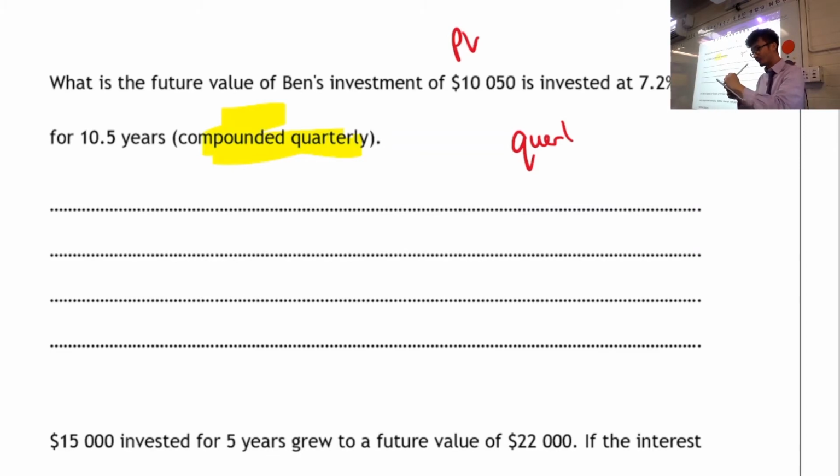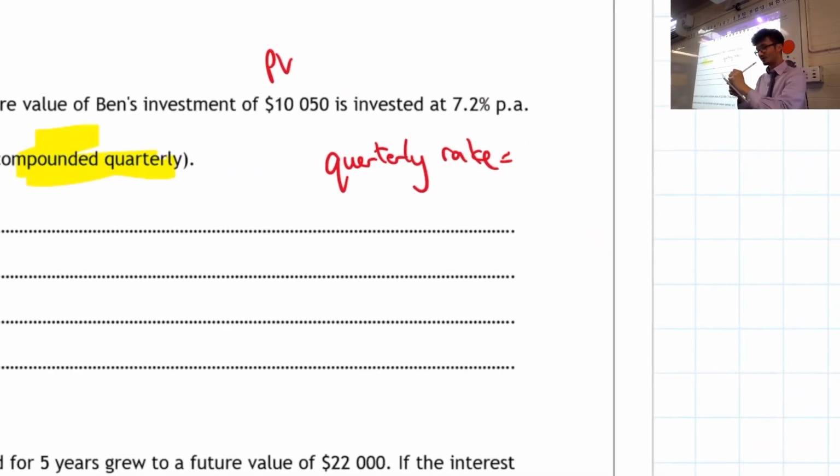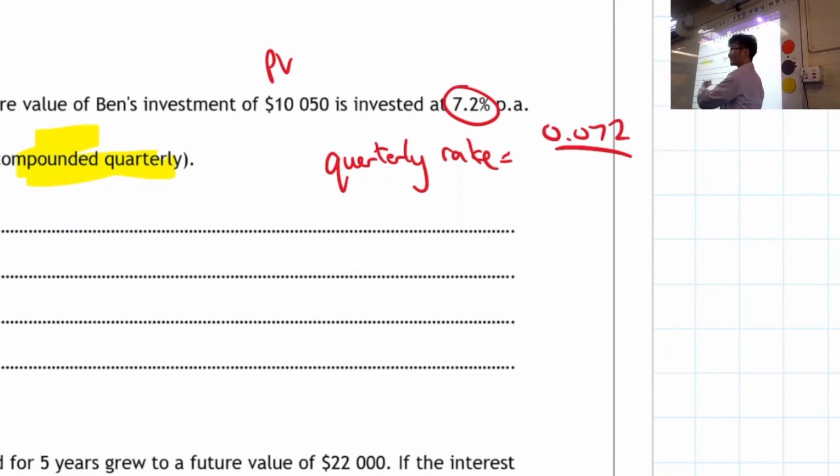So we want this compounded quarterly, so we need the quarterly rate. What Will has done is, first of all, what's this as a decimal? I always write it as a decimal, the calculations are better. 0.072, and for the quarterly rate, a quarter just means 1 out of 4, right? So we divide it by 4, it happens 4 times a year. What did you get for that? 0.018. Yeah, cool. He's doing good so far.